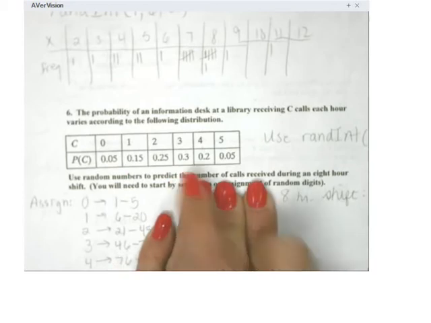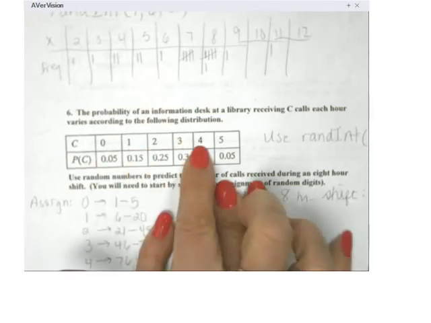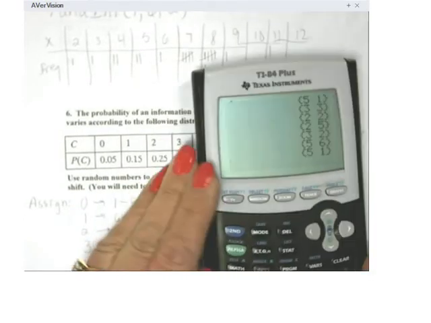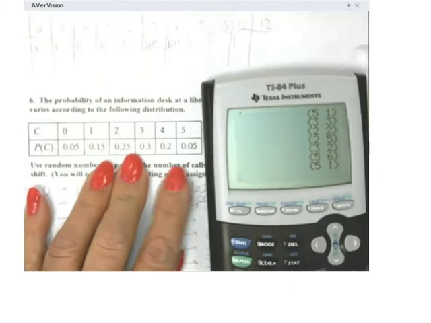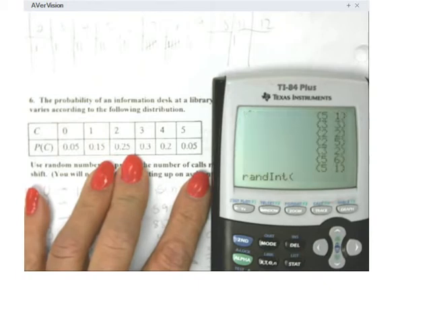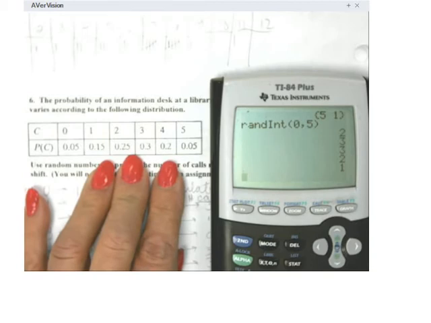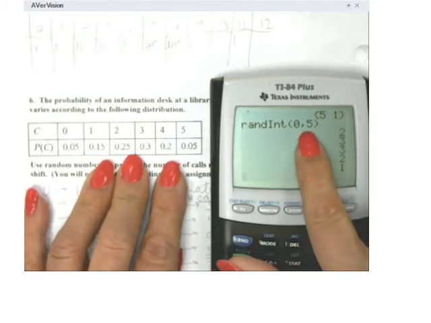Now, we want to run a simulation, and notice that the likelihood of each of these numbers is not the same. So I can't do this. I can't go over here on my calculator and simulate getting numbers from 0 to 5. If I go math, probability, randInt, and do 0, 5, that won't work, because this assumes that 0 through 5 are equally likely to occur.